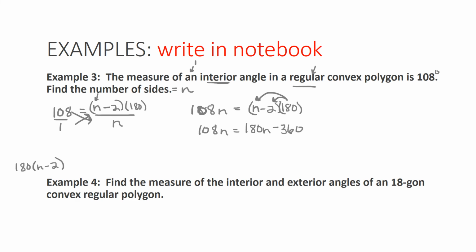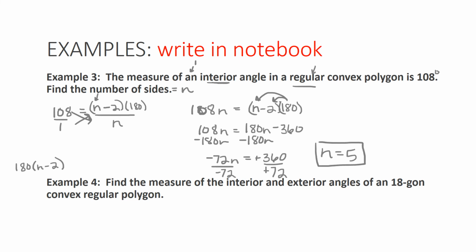Now it becomes a problem where I just need to solve for n. I'm going to subtract 180n from both sides, and I get negative 72n equals negative 360. Divide both sides by negative 72, and I get n equals, if I type that into my calculator, hopefully we realize that negatives cancel each other. We should get back a positive 5.